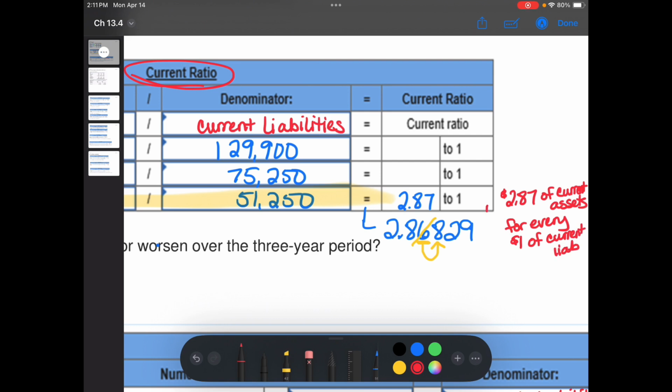That is a nice solid ratio. Sometimes that ratio looks like it says right here, 2:1. Or it could also look like this. Let me draw it right down here. It could look like 2.87, and they do the colon and then a 1, and these are dollars. Could look like that.